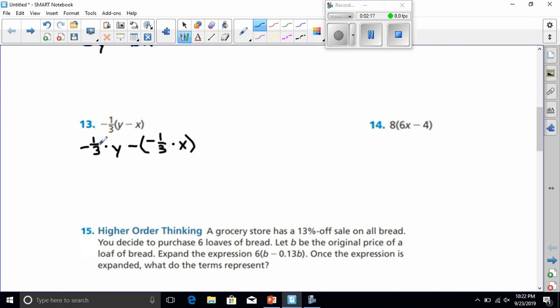Well, if we do this, we've got negative 1/3 y here. And let's see, negative times a negative is a positive, and 1/3 times x will be 1/3 x.